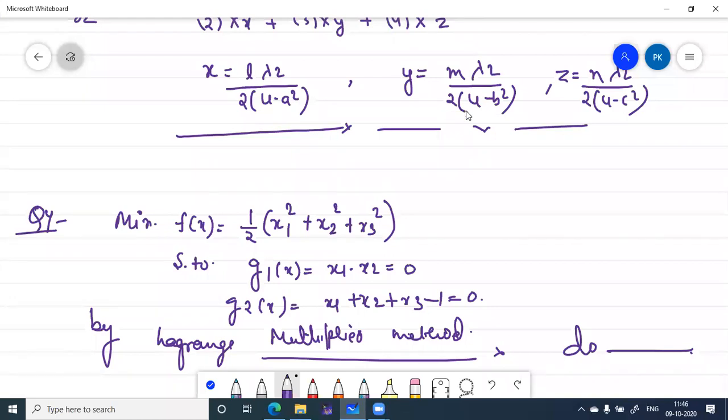Any problem with Lagrange's method? Yes? Is this okay?